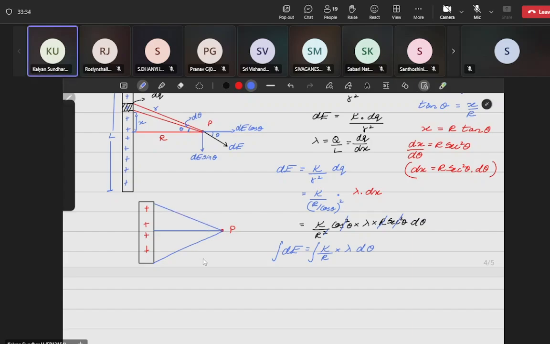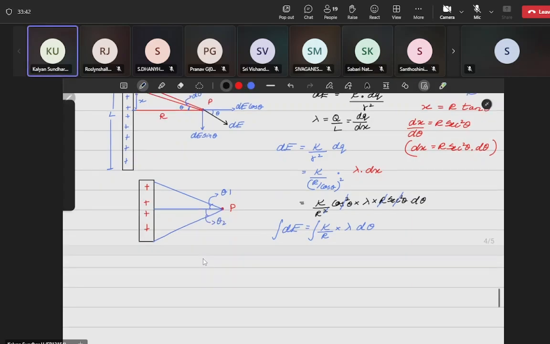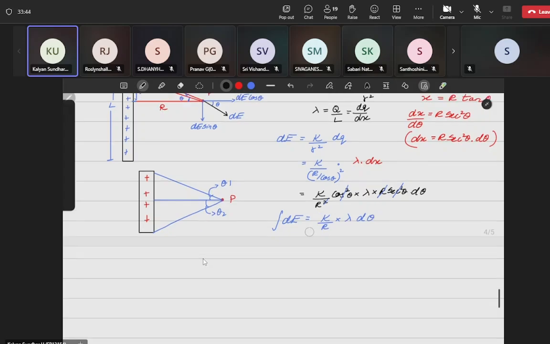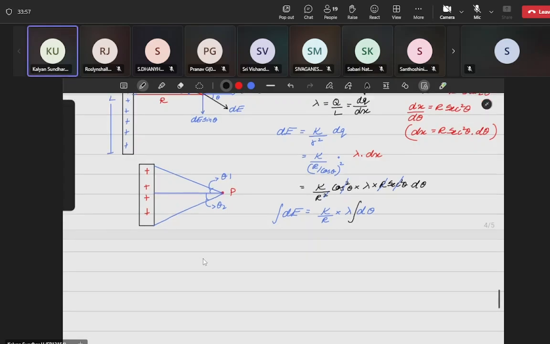Now the angle subtended, let me take this as theta1 and this as theta2, because you are going to integrate with respect to d theta. K is constant, capital R is constant, lambda is also constant. The only thing that changes is the angle d theta. Correct?